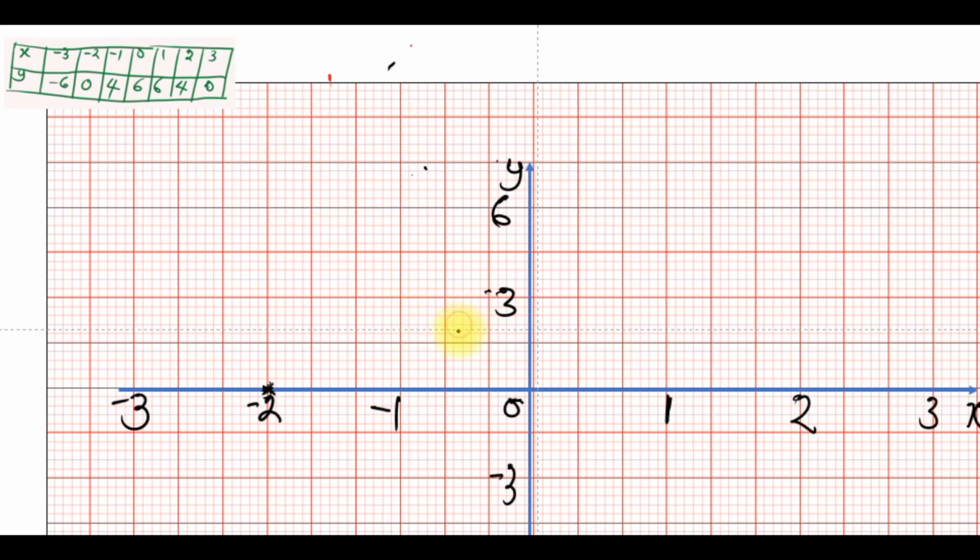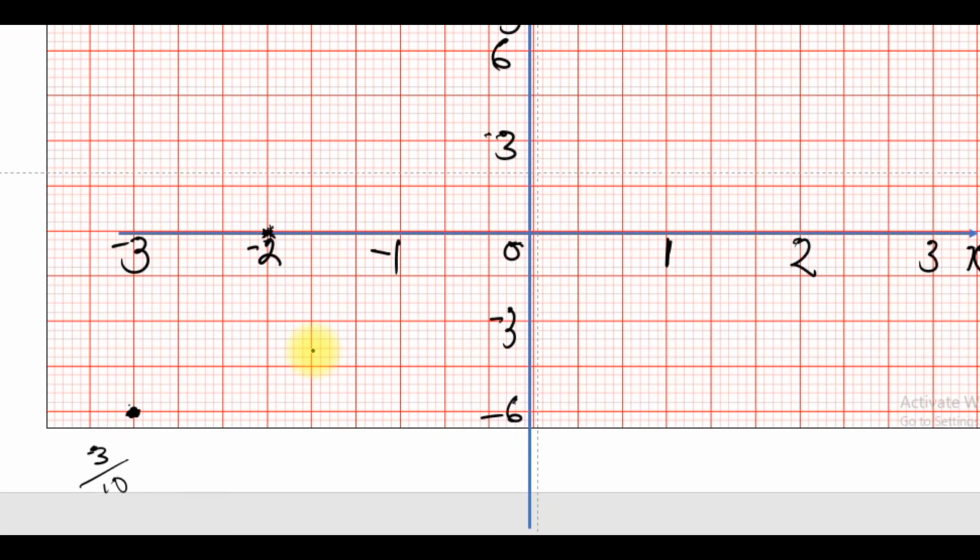So let's now locate 4. So remember, I told you each of the grid lines for the y-axis is 3 over 10. That's 0.3. So meaning that for me to locate 4, we now have to do 4 over 0.3. This should be 13.33 grid lines.